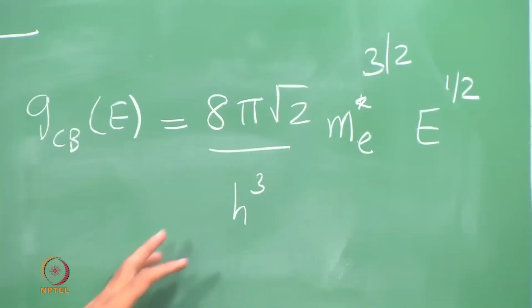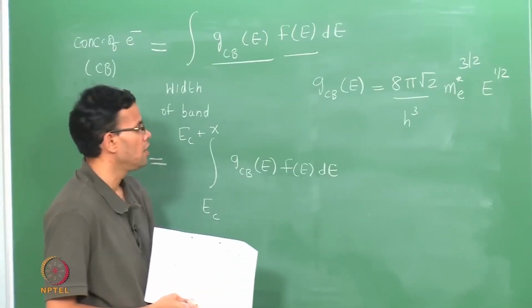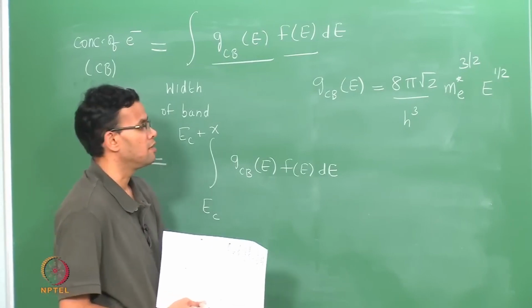This expression we saw earlier for a solid with a uniform potential, a 3D solid, and we will use that expression to find the density of states for electrons in the conduction band of silicon.